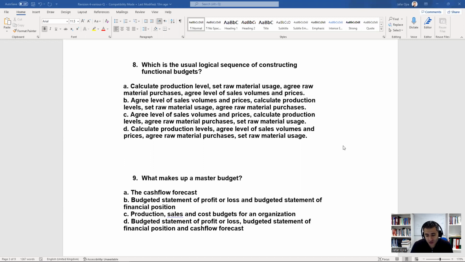If we talk about the logical sequence of constructing a functional budget, we talk about the agreed level of sales volume and prices, calculated production levels, set raw materials usage, agree raw materials purchases. So I think B. Yeah, it's B.